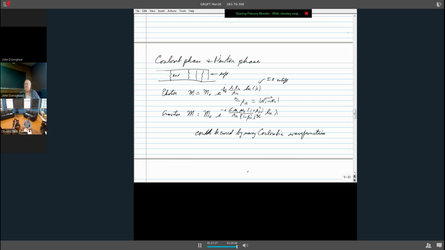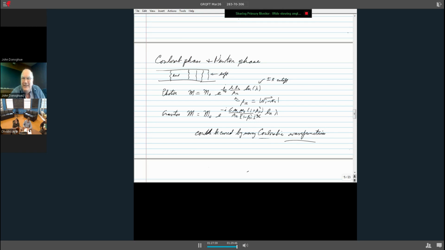But this beta 1 2, these are recognizable by the inverse velocity dependence of them. If you do gravitons, as far as I know, this paper is the first place that either of these Coulomb phases is correct.